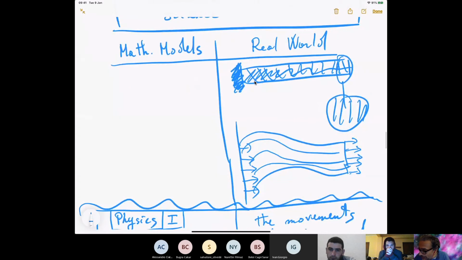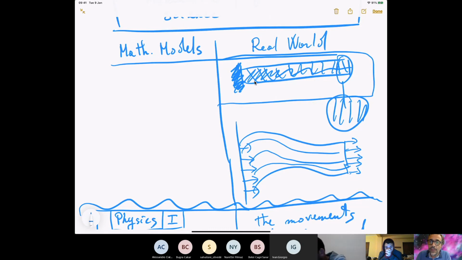But also there is another reason. We will need to build a mathematical model for beams and structures. One beam is an object which is much more complicated than the solar system. And you need a mathematical model which is more complicated, and you need simplifying assumptions.